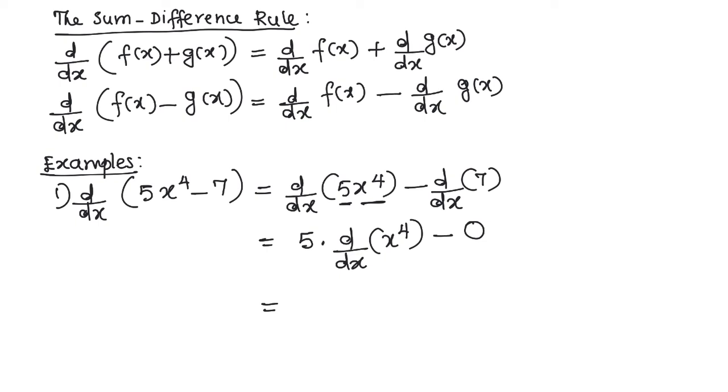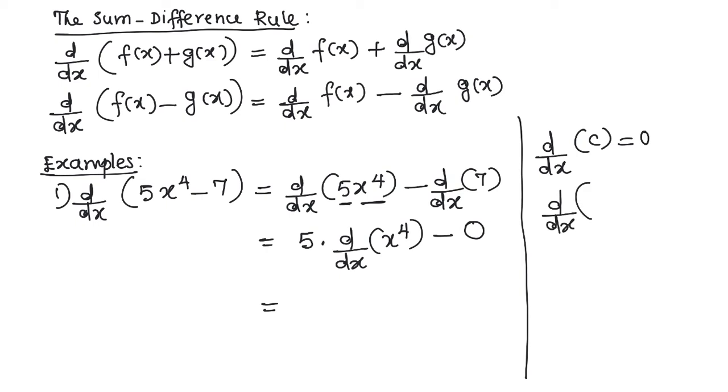So see the difference between, let me write down the rules here. The derivative of a constant is 0. But the derivative of a constant and a function is the same as constant times the derivative of the function.